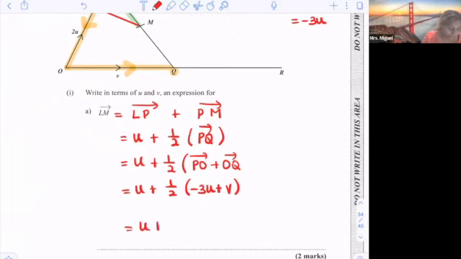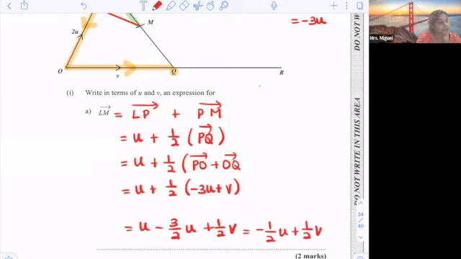So u plus minus 3 over 2 u plus a half v. If we have a whole and we take away 3 over 2, we will get minus a half u plus a half v. You all see that?